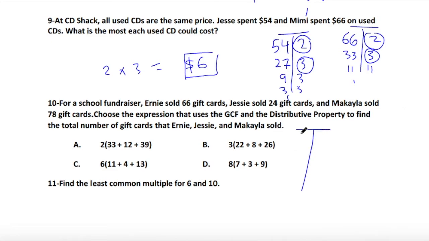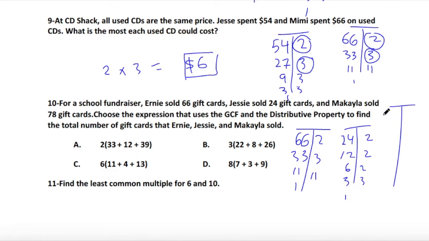So it will be 66 divided by 2, 33 divided by 3 equals 11 divided by 11 equals 1. And here 24 divided by 2, 12 divided by 2, 6 divided by 2, 3 divided by 3 equals 1. And the last one, 78, it's even, so divided by 2, here 39 divided by 3, 13 divided by 13 equals 1.